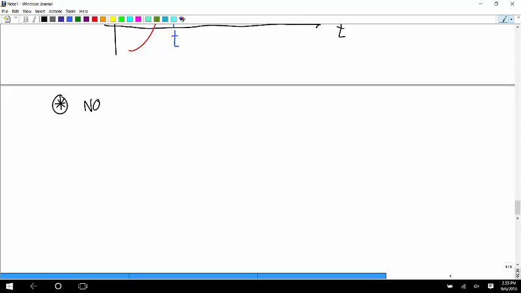So notice there's two things that are important about instantaneous velocity.